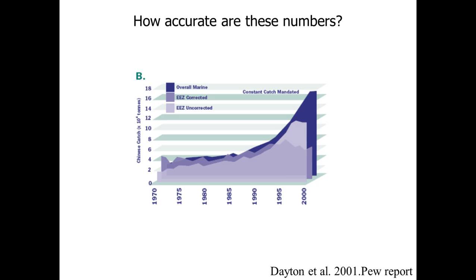But basically what they show is that in Chinese policy, these are reported Chinese catches from China's exclusive economic zone, increased exponentially from the 1980s to 1998, when the zero growth policy was introduced. These show that they are reporting mandated catches because socially they felt like they needed to catch more fish and meet those. So here we even have an instance of where population numbers are inflated, causing even more uncertainty.